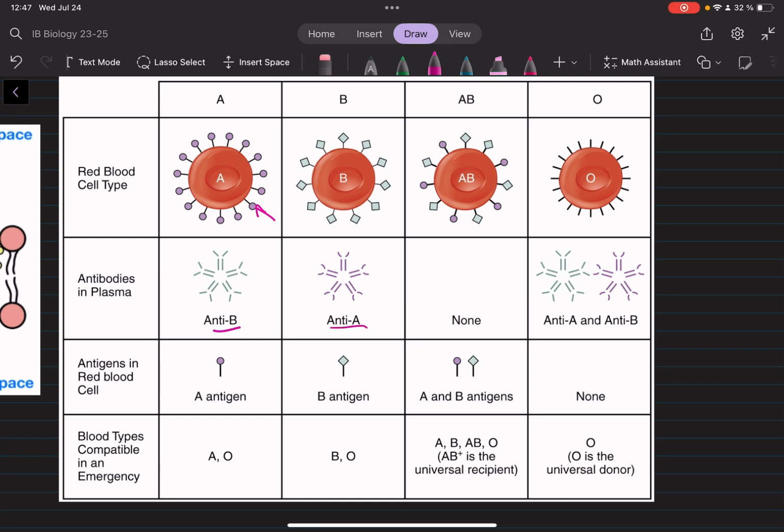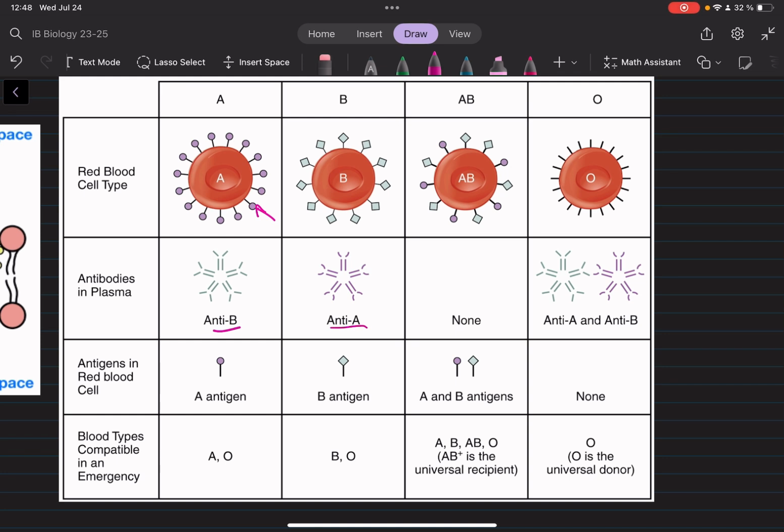So if you give type O blood to A or B, the antibodies would be attacking essentially nothing. And that's why the AB plus is the universal recipient, because it has both A and B antigens, and so it can kind of survive, so to say, the anti-B and anti-A, because it has both.